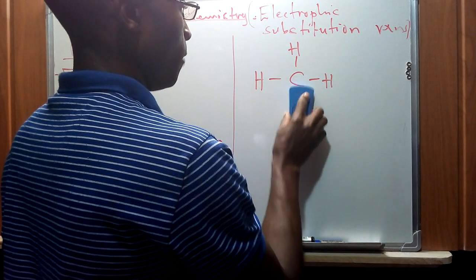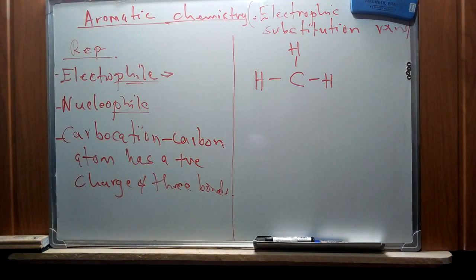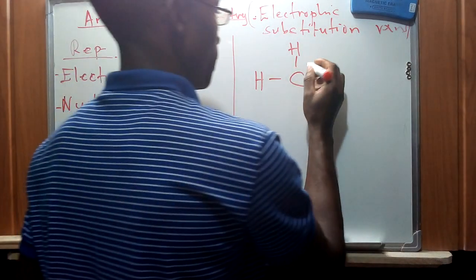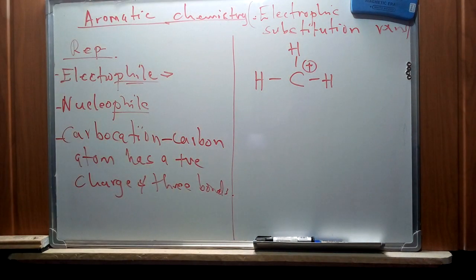So in case we have 3 hydrogen atoms at that point, then we will have a positive charge at this center here, which is a carbon. This kind of molecule is what we refer to as a carbocation, which is a carbon atom that has a positive charge and 3 bonds.